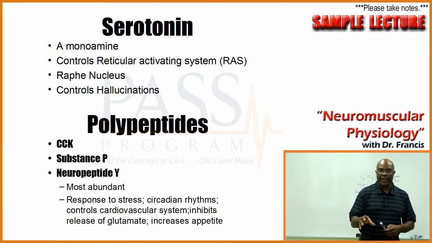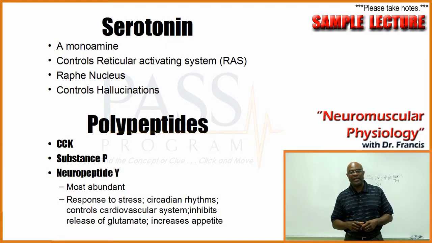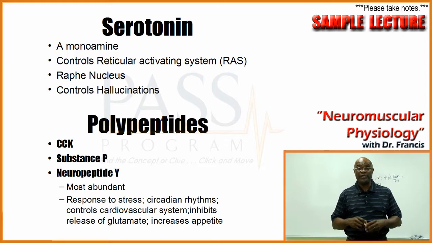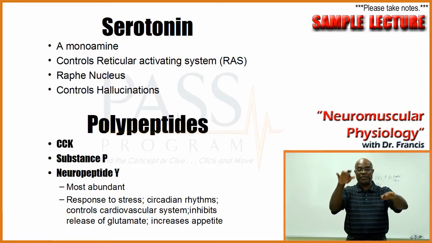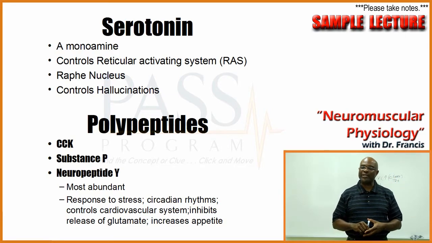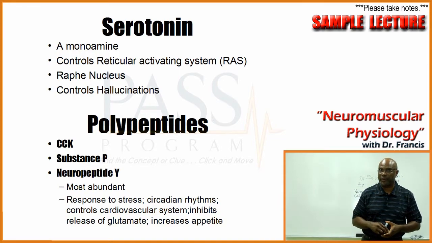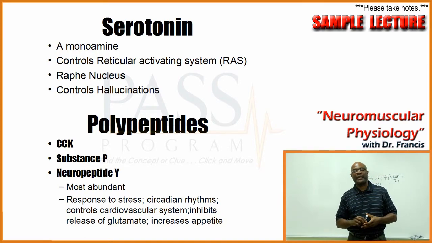So every morning when you wake up, you get a burst of serotonin to help control your hallucinations. This is why if you're taking SSRIs, which elevate your serotonin to the level where you throw off the balance between serotonin and dopamine, now you lose that control. That's why SSRIs can cause hallucinations in some people. Or think about the second example.